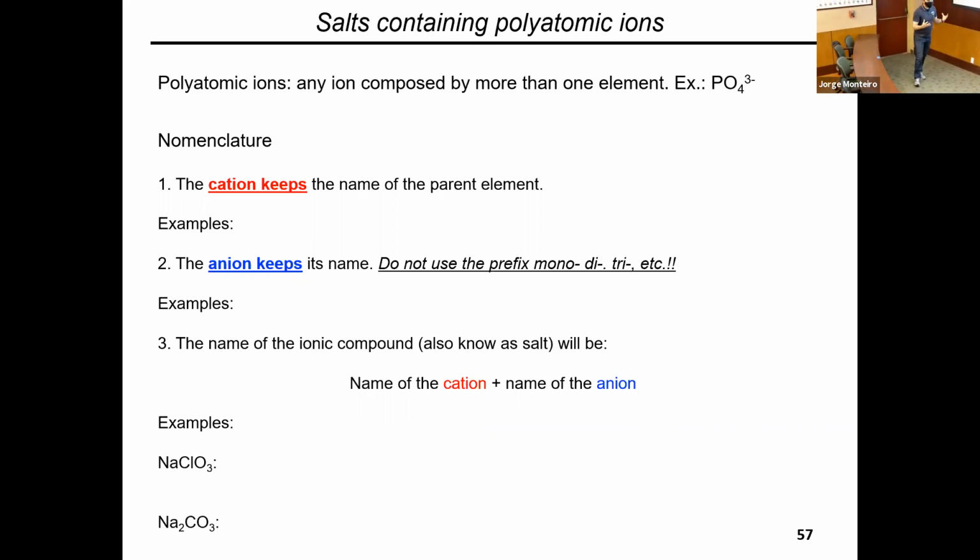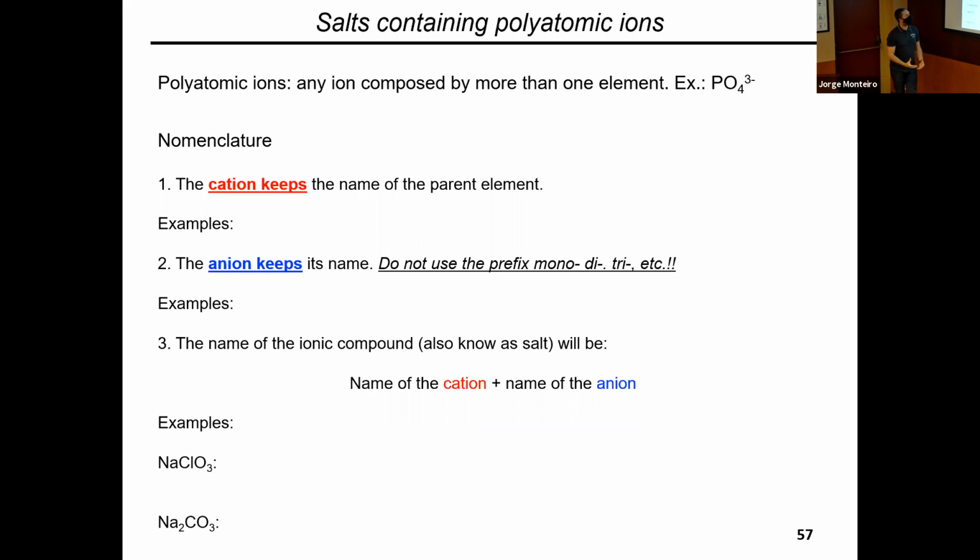A polyatomic ion is any ion that has more than one element in its composition. Nitrate is a polyatomic ion because it's composed of nitrogen and oxygen. Phosphate is another example of a polyatomic ion.